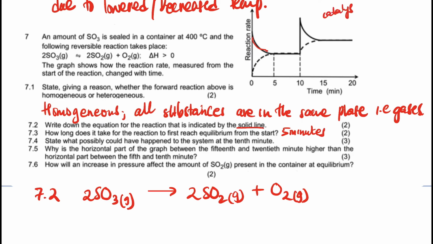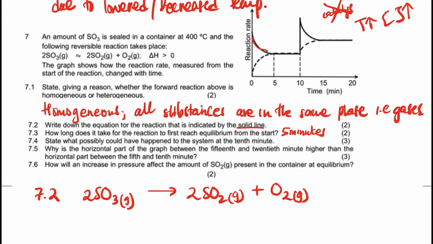So that increase there, guys, in 7.4, it's an increase in pressure. I can say it's an increase in temperature there, right? And possibly, it cannot be a catalyst. So it's an increase in temperature, or it's an increase in concentration there, right? Let's see which one between the two.